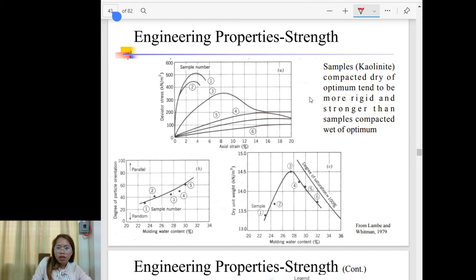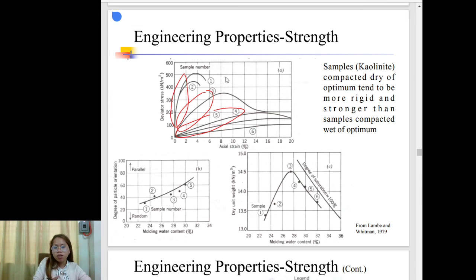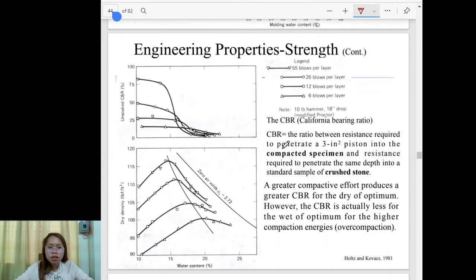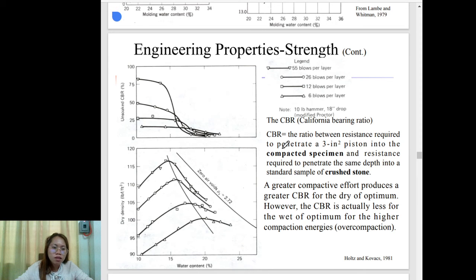So, according to this, the kaolinite compacted at dry of optimum, in this part, tends to be more rigid, more rigid or stronger than compacted wet of optimum. And this one is properties continuation, strength continuation.